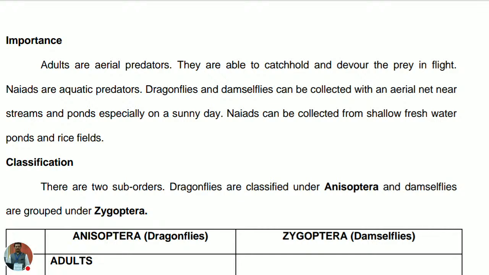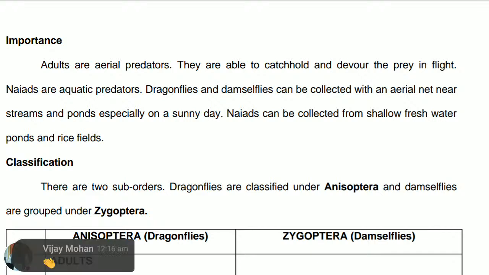The systematists or those who study the insects may have these insects studied by catching them with net near the streams and ponds. As all of us now know that the naiads of dragonflies and damselflies are aquatic, so you'll find the habitat of these dragonflies and damselflies near the pond only.